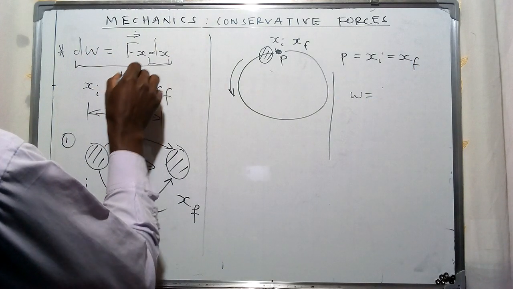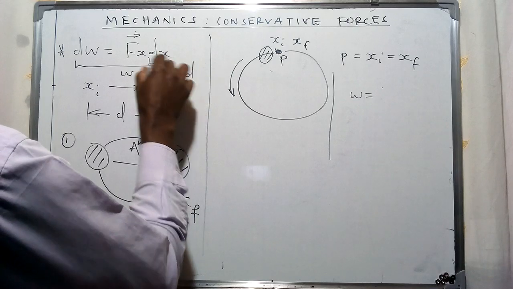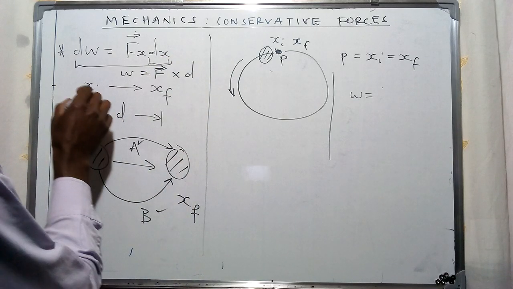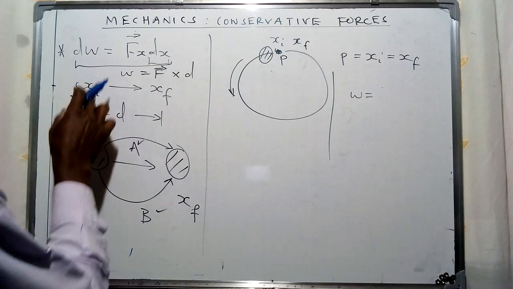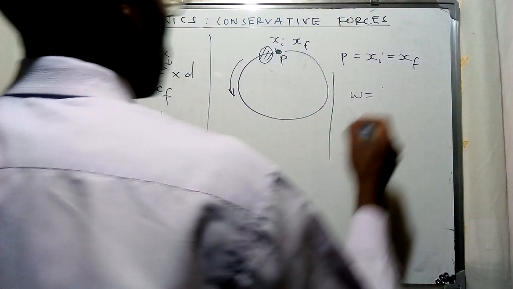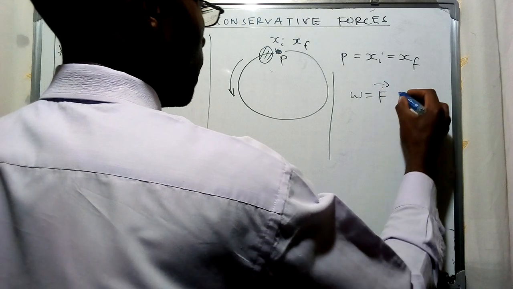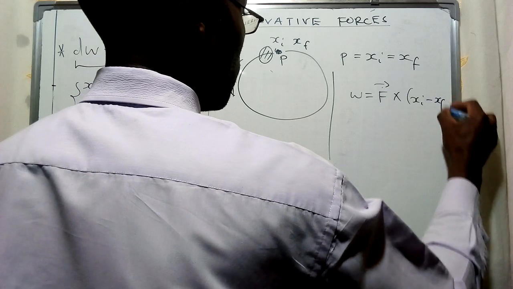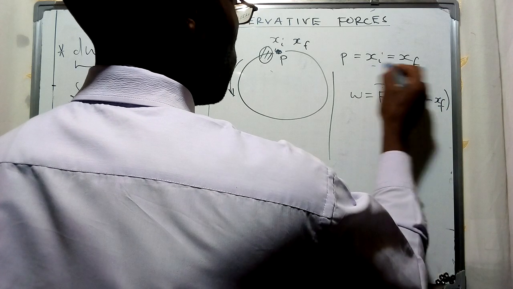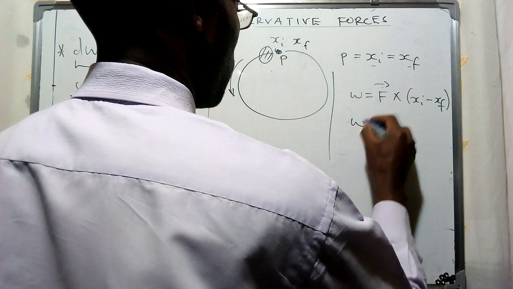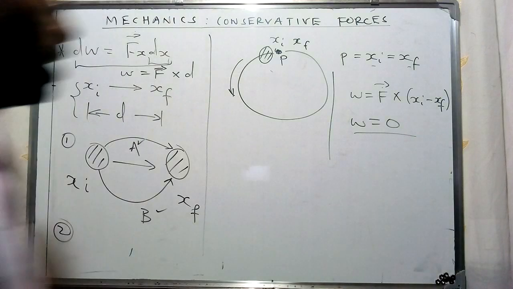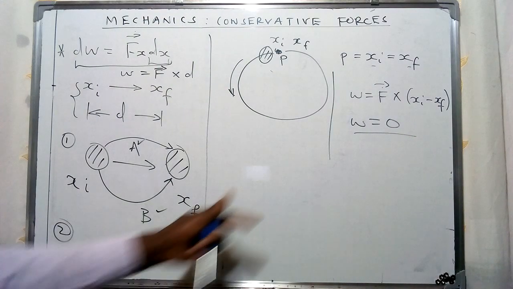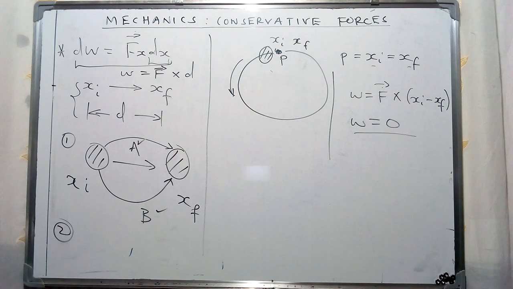The distance is going to be the displacement from the initial to the final position. If these two positions are equivalent, then this element of work is equivalent to 0. So this gives us the second characteristic of a conservative force.